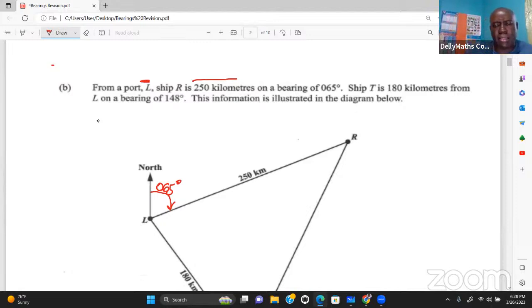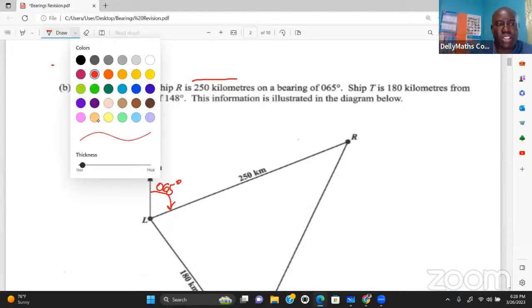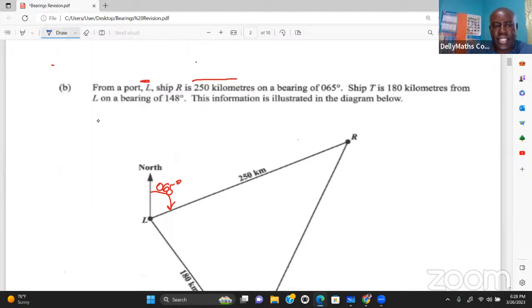Also, we got the bearing of T. We were told that the bearing of T is 148 from L. So all of this going around is 148 in blue. So you're looking at your angle in blue, looking at your angle in red.